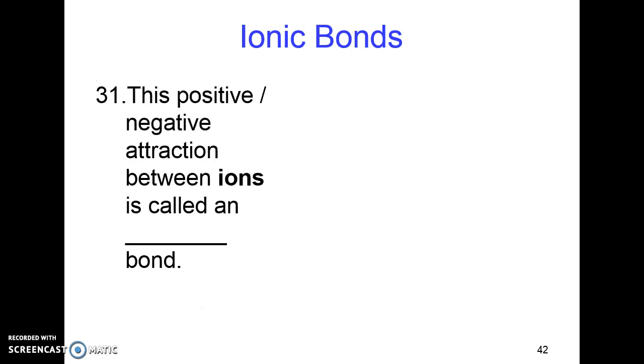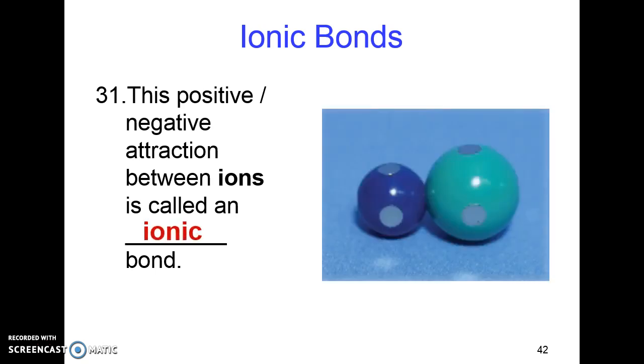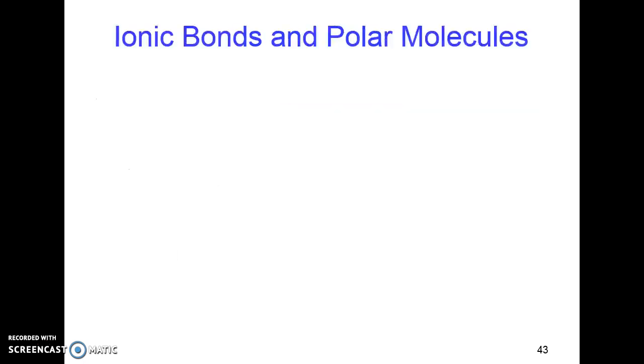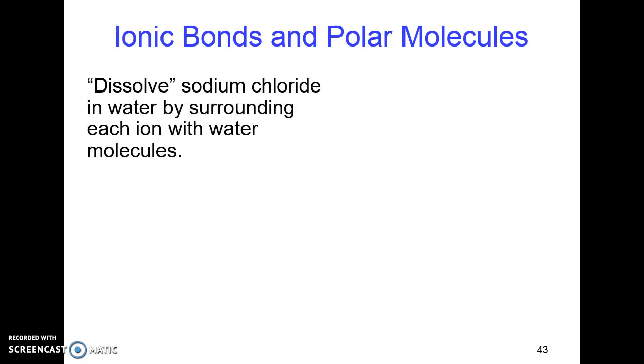All right. So when positive sodium sticks to this negative chlorine, this attraction between the ions is called an ionic bond. All right, ionic bonds in polar molecules. So what happens during dissolving?